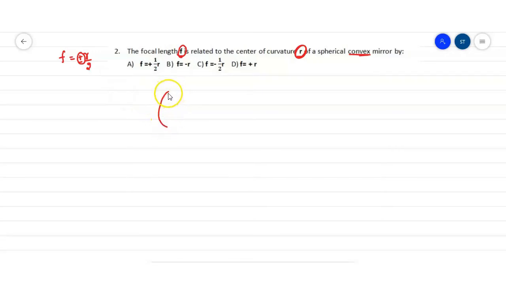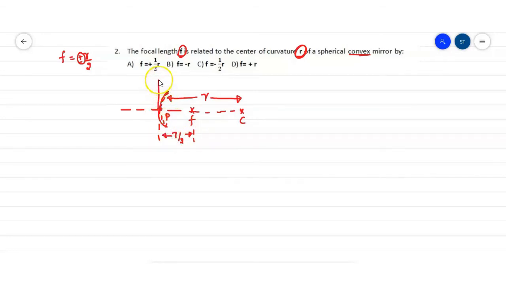Let us assume this is our convex mirror and this is the principal axis of the convex mirror. This is the pole of the mirror. Here is our focus and here is our center of curvature. This distance is given as r. So the distance between the pole and the focus will be half of that, r by 2.